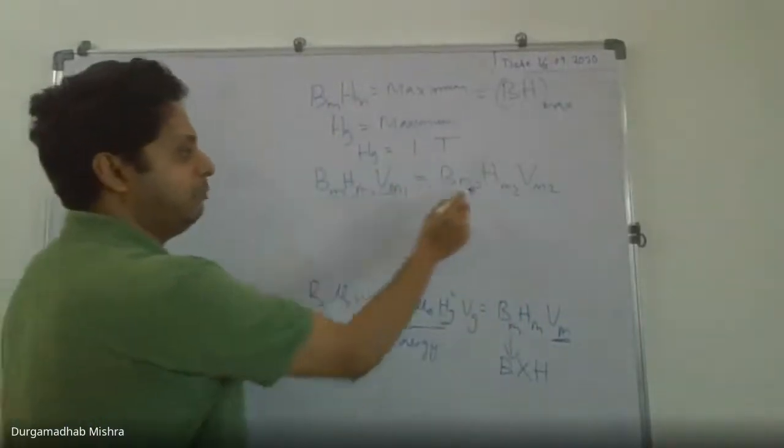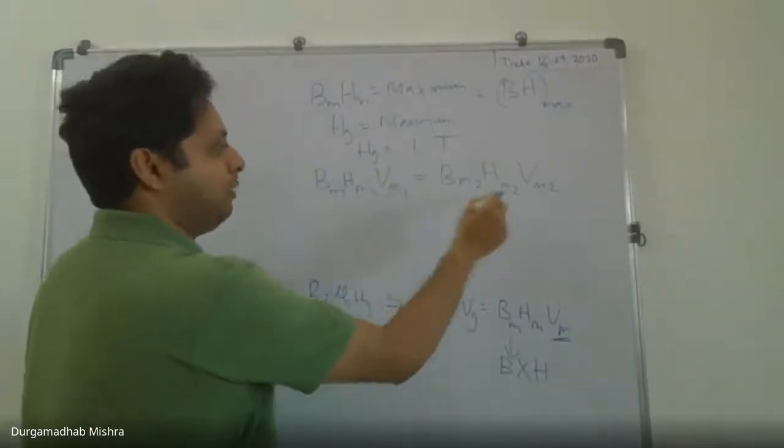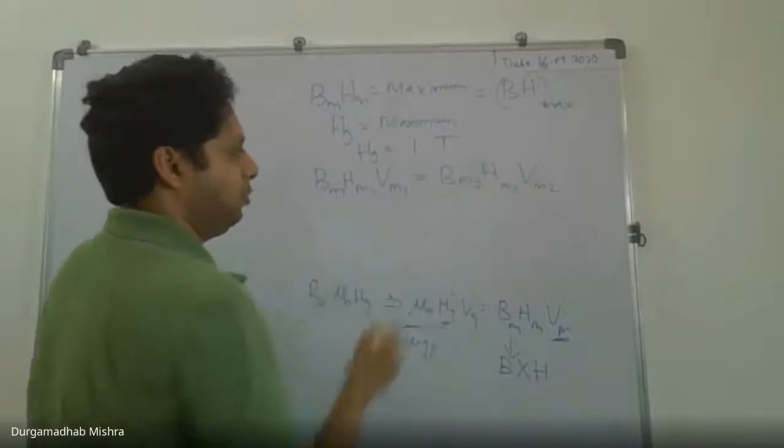So material 1 has volume Vm1, material 2 has volume Vm2, and so on.